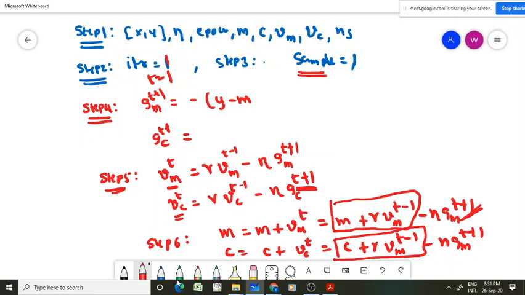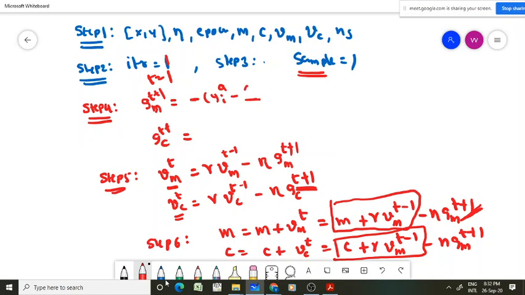ఇంతకుముందు మనం ఇక్కడ ఏం తీసుకున్నాం గుర్తుందా? Here we are taking Yia minus M into Xia minus C into Xia అని తీసుకున్నాం కదా. But here what you have to consider is there is a slight modification in the gradient calculation, that is minus Yia minus, ఇక్కడ ఏమొస్తుందమ్మా M కదా, M is the model parameter. So we are not using it for calculating the gradient, we consider the next estimated point for the model parameter.